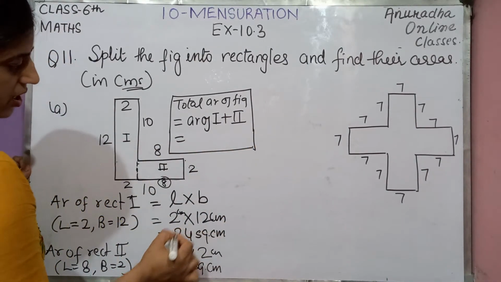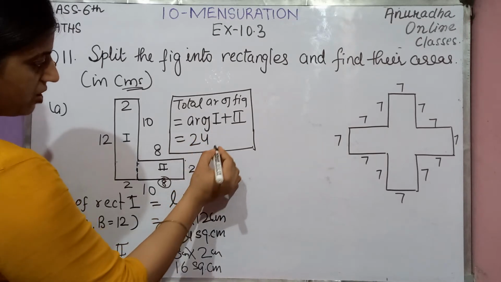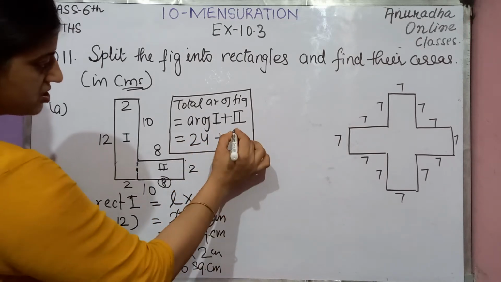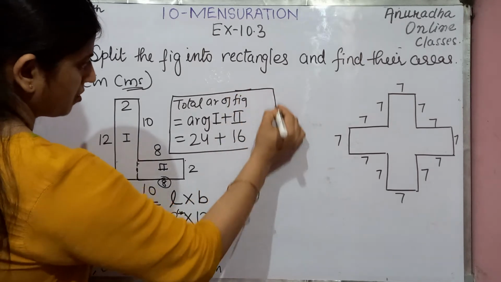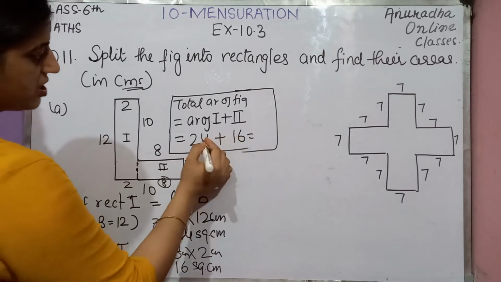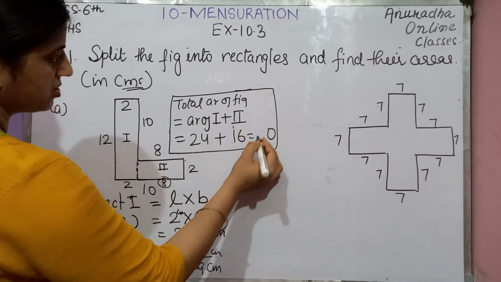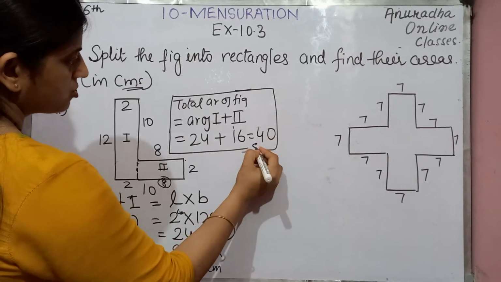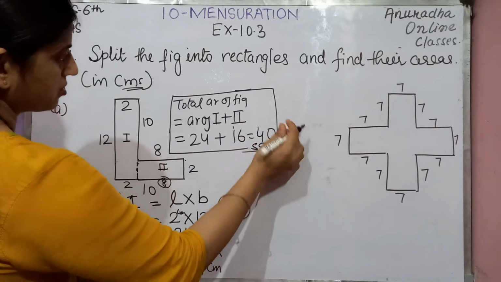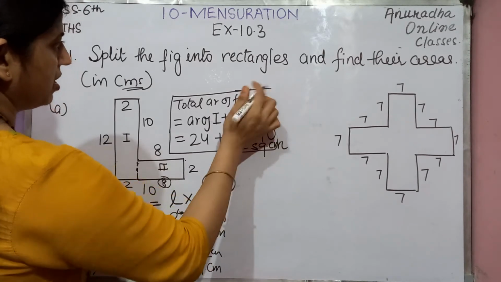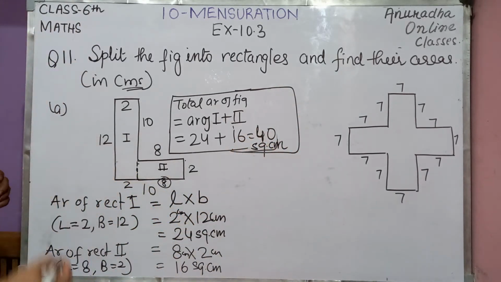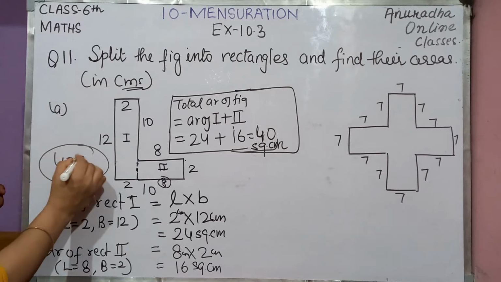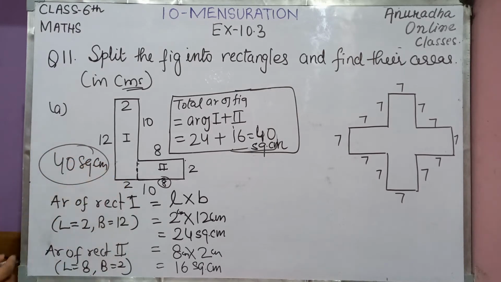First का है 24 प्लस this one is 16. तो that is equal to how much? 6 plus 4 is 10, 0 carry 1. This is 4. 40 square centimeter. This is your answer. How much? 40 square centimeter. So in this way we can do its A part.